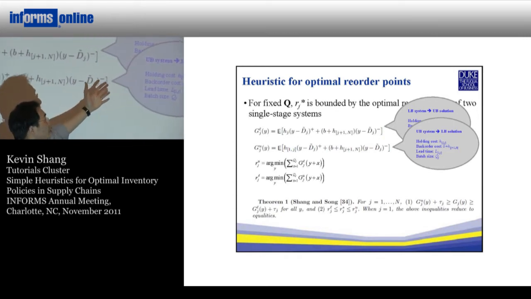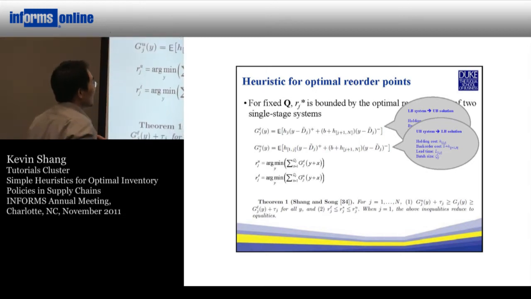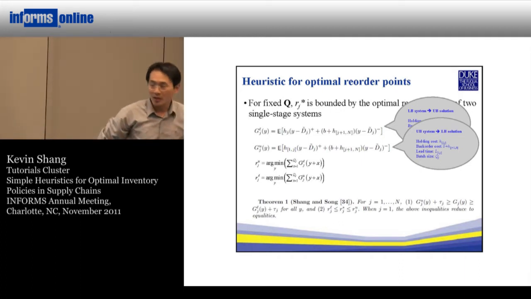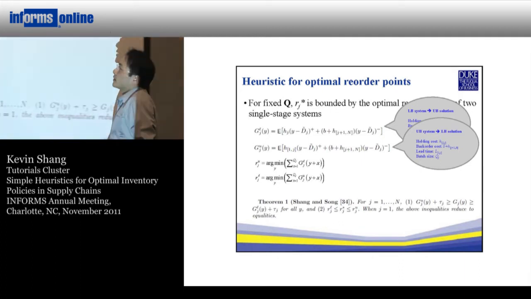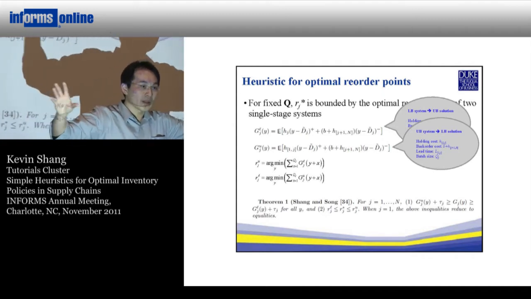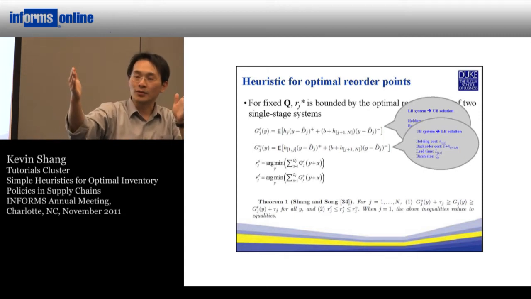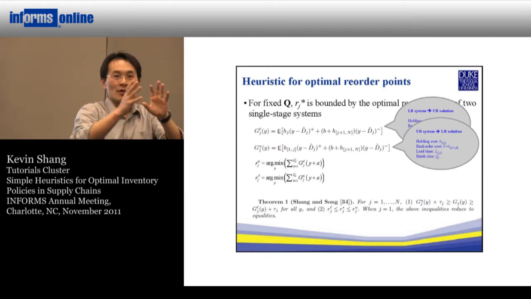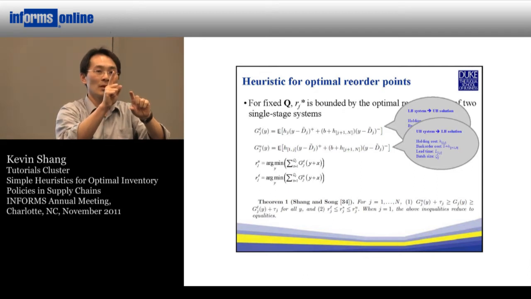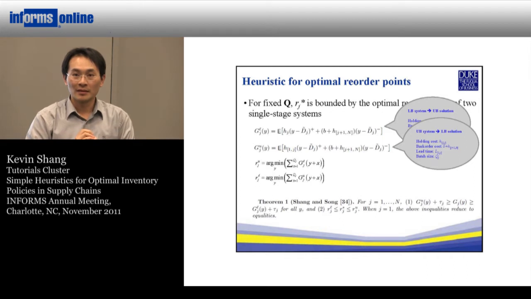Okay, so what is the logic behind this? Intuitively, let's move back to talking about the intuition behind these two systems. Consider a supply chain. If we focus on the j echelon, you have holding costs H1 to Hj. If you focus on the echelon, and assume all the stages use the same holding cost rate.